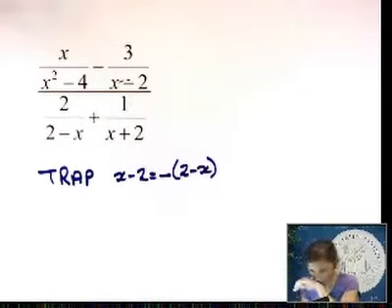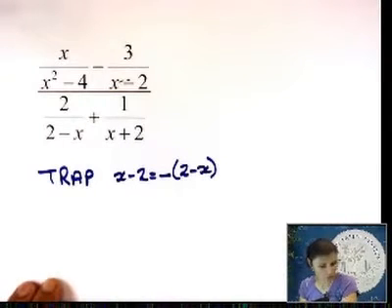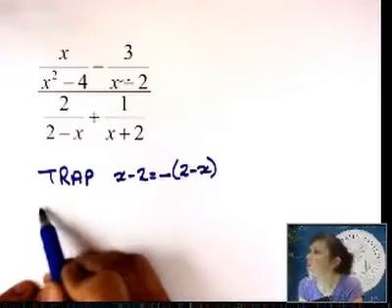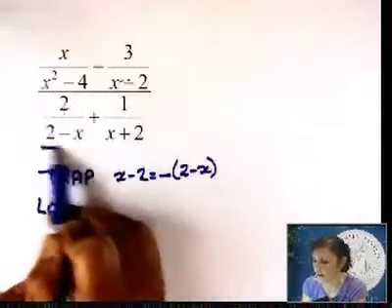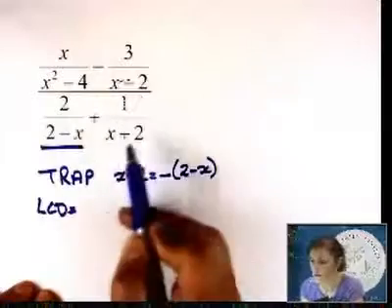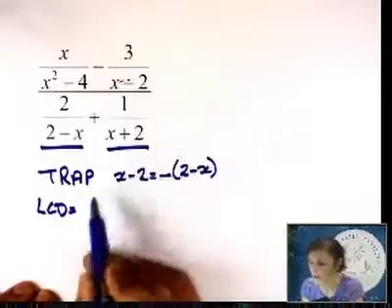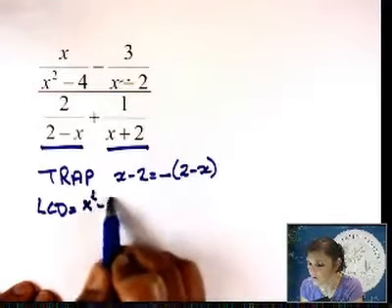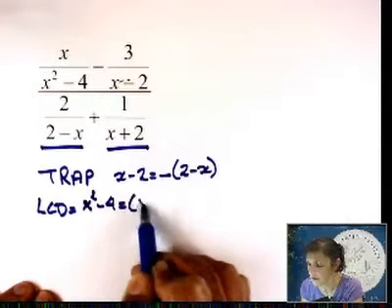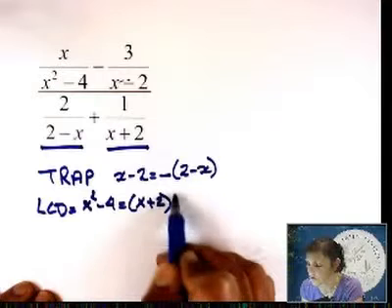So what I need to do here, I'm going to find the lowest common denominator. So the denominators involved are 2 minus x or x minus 2, same thing, and x plus 2. So multiply them out. Your LCD is x squared minus 4, which is the same as x plus 2, x minus 2.